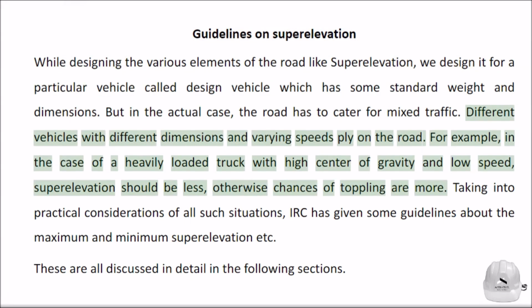Different vehicles with different dimensions and varying speeds ply on the road. For example, in the case of a heavily loaded truck with high center of gravity and low speed, superelevation should be less, otherwise chances of toppling are more.